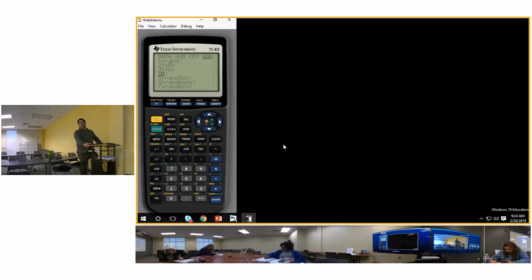Combination is no order. Doesn't matter. And number 4 is factorial. So those are the keys you're going to be using with this section.